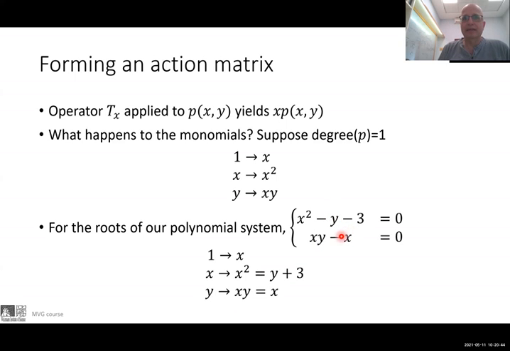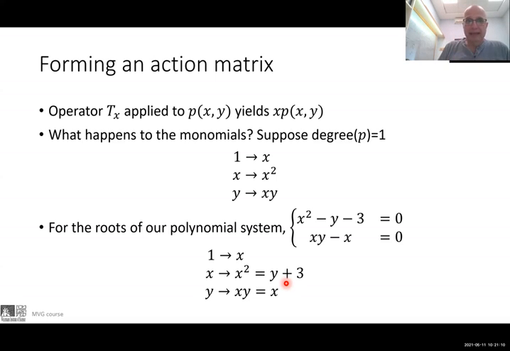Clearly, we only apply identities from the polynomial system we want to solve, and so we don't change in a bad way our polynomial.